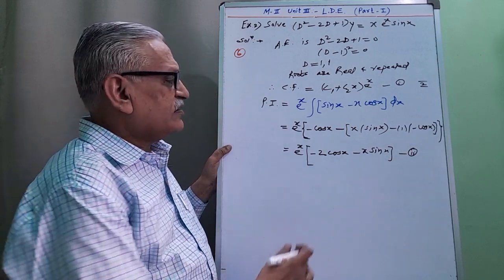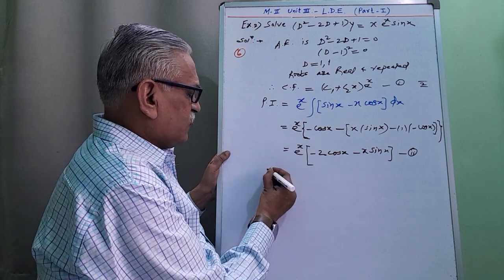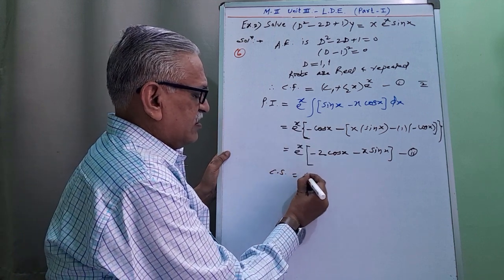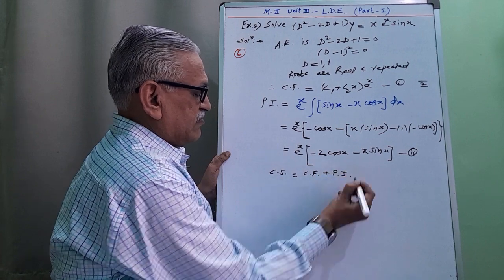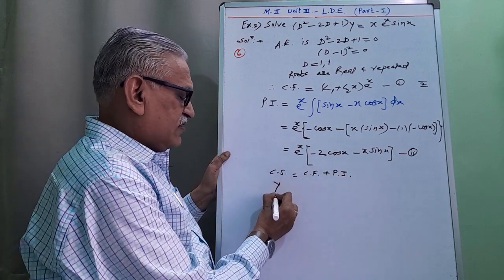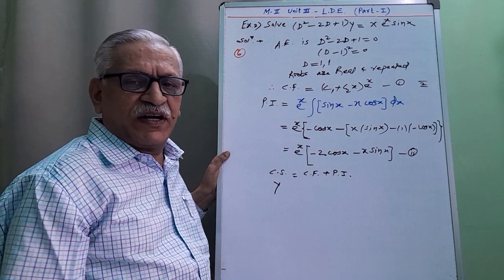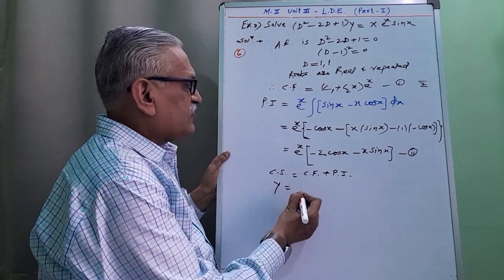Then the complete solution is CF plus PI. It is always for the dependent variable. Therefore, y is equal to CF.